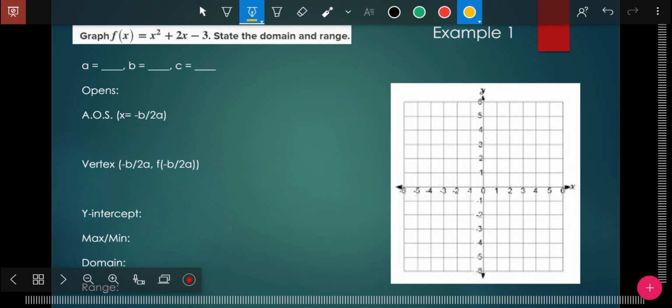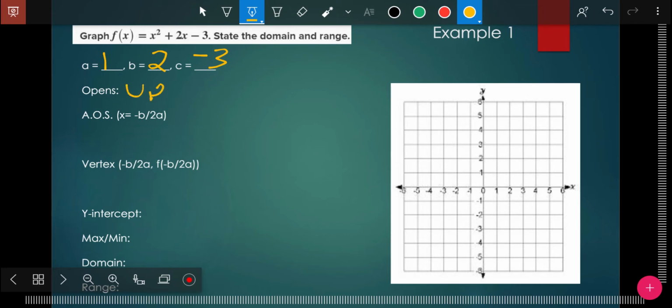Graph f of x equals x squared plus 2x minus 3. Well, a is 1 because it's 1x squared. B is 2 because it's 2x. And C is -3. A is positive, so it opens up.